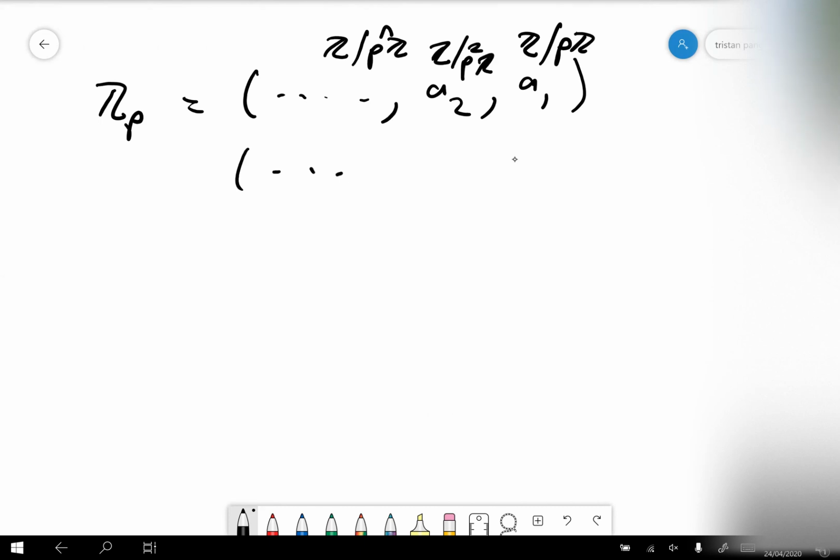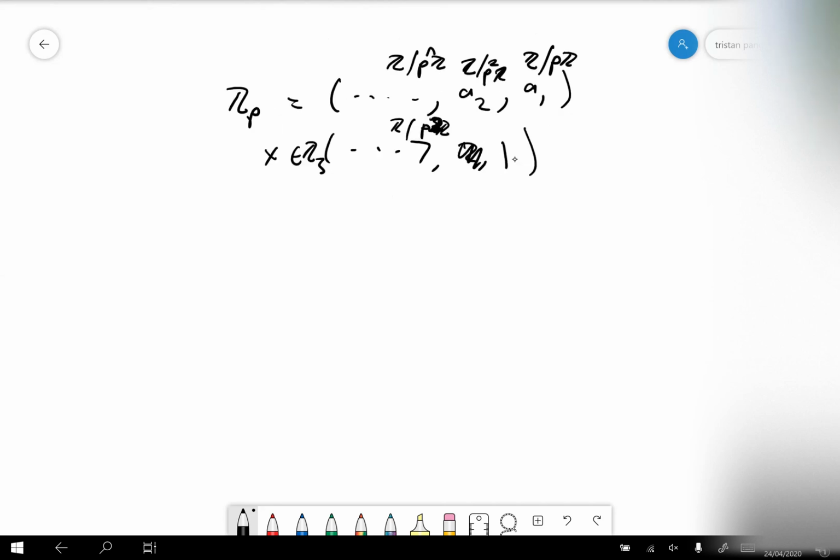Say if we have a value x in, say, the 3-adics, it would be something like 7, 2. So 7 would be in Z over p cubed, so this would be mod 9. The next thing we want to do is to mod 3, so we mod this by 3, sorry, that should be a squared, and then we take 7 and mod by 3 and we get 1 from that, and then we reduce that.